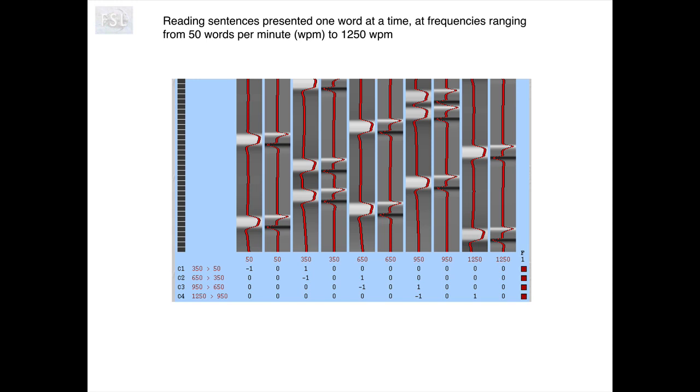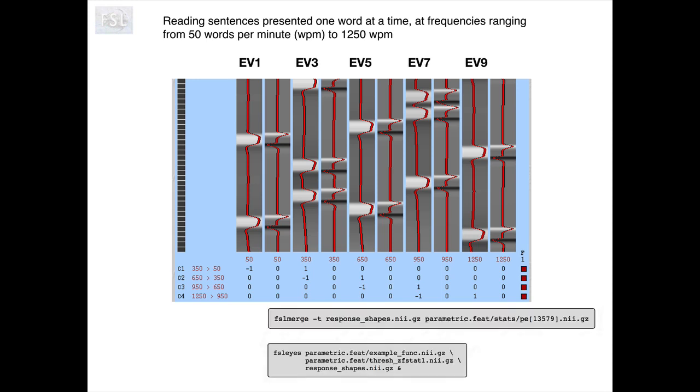Once you have looked at the F contrast, we need to think about what is the shape of the response. To do this, we are going to look at the parameter estimates for the main EVs. So we combine the PE images in one 4D file with fslmerge, and we look at it in Fsleyes.